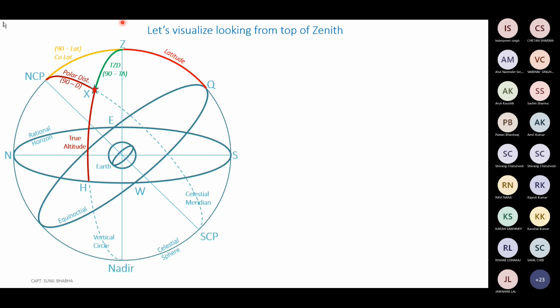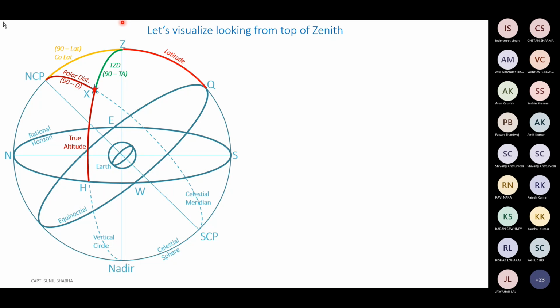And you can say we are having a bird's eye view on the celestial sphere from top of the zenith. Like you see, many of the shots are taken by drones nowadays. So the drone flies high up in the sky and it takes a bottom picture, an aerial view. So that is what we are looking at.